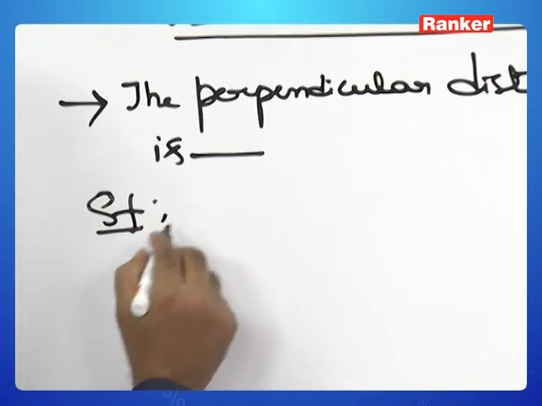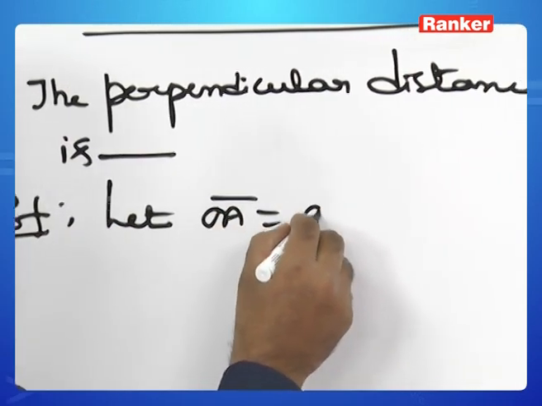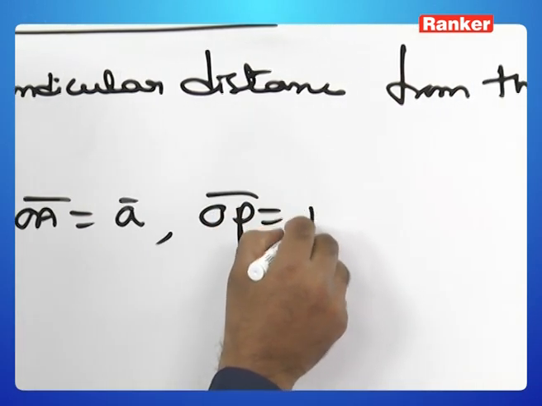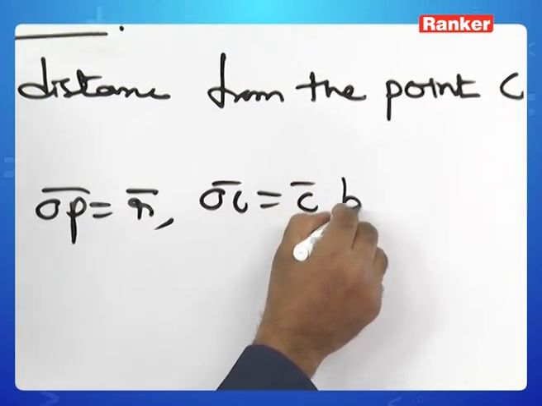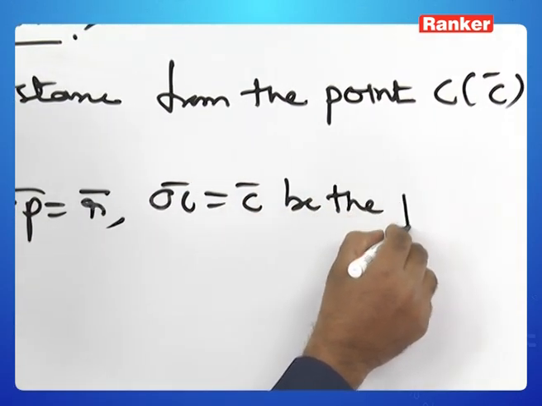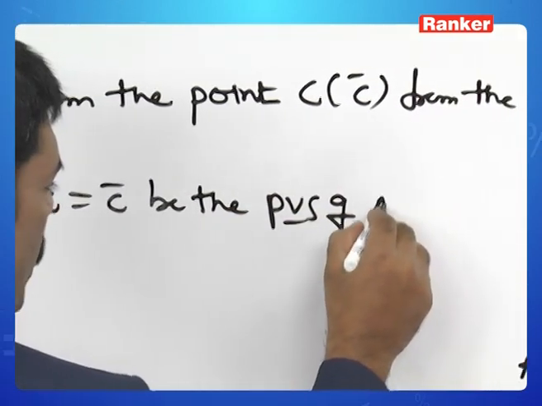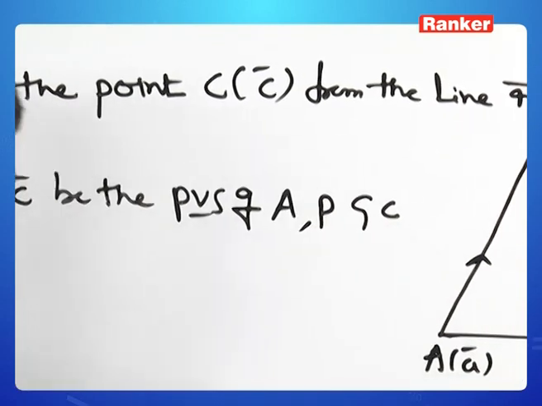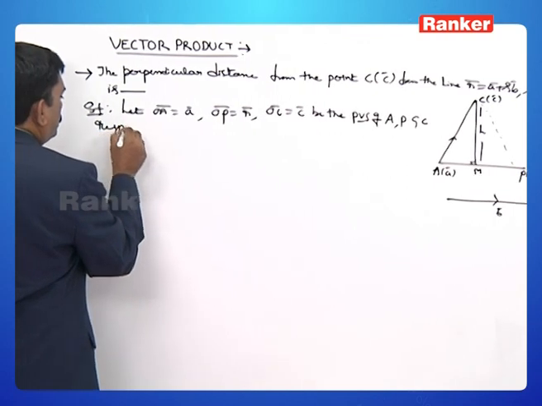Now the proof of this one is, let OA bar is equal to A bar, OP bar is equal to R bar, OC bar is equal to C bar be the position vectors of capital A, P and C respectively.